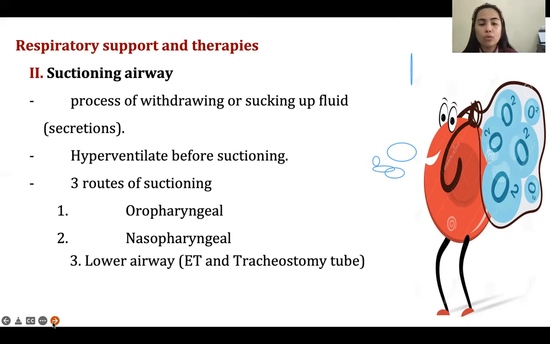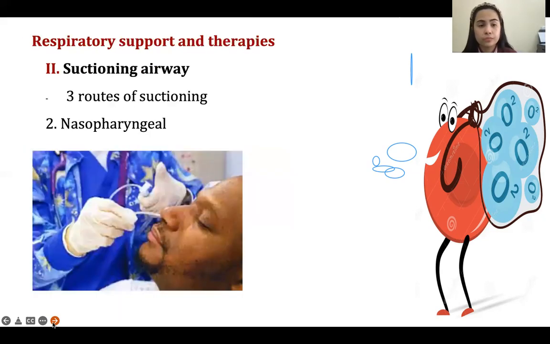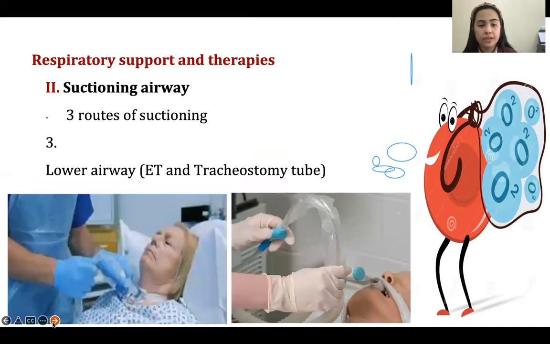Then you have the lower airway, ET and the tracheostomy tube. This one on the left side is suctioning the tracheostomy tube, and the other one is suctioning through the endotracheal tube here. So you're suctioning there.